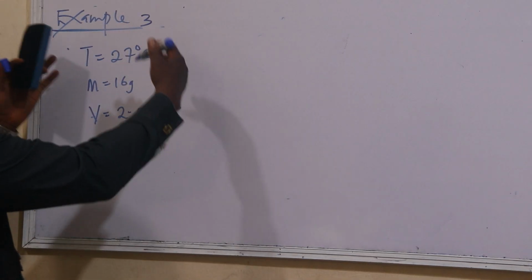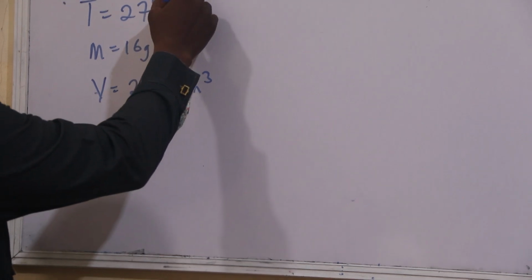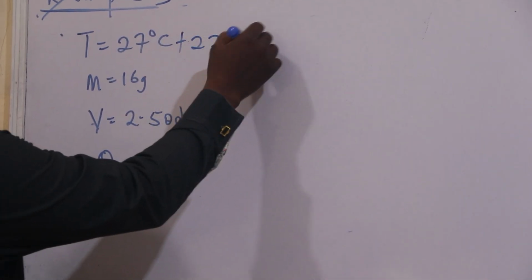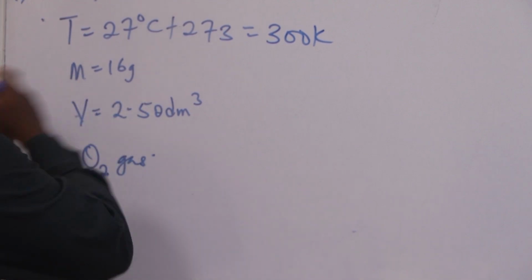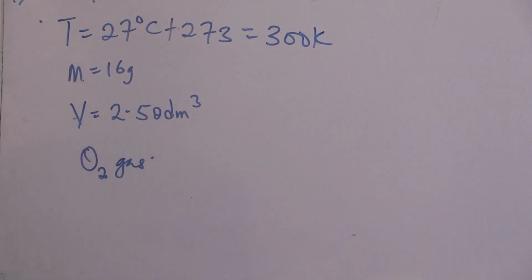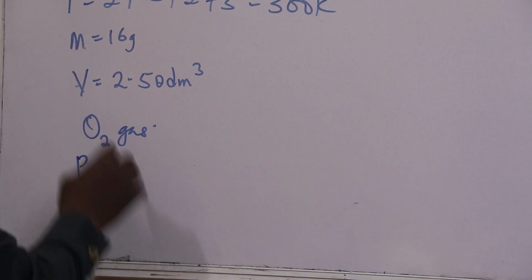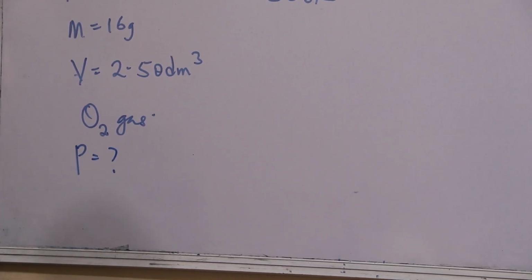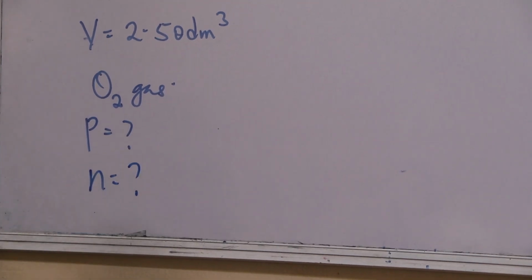Let's look at the parameters on the board. Our T is this plus 273, giving us 300 K. Our mass is given, volume is given. Now P is not given, and n is not given.